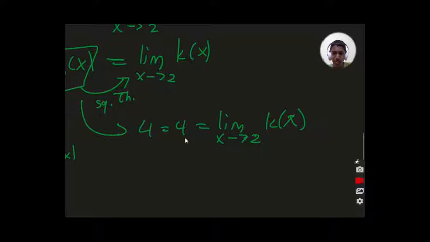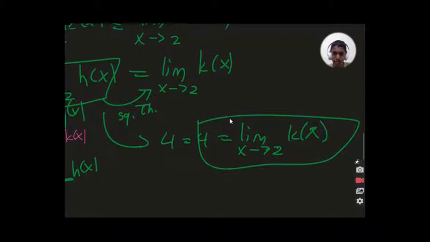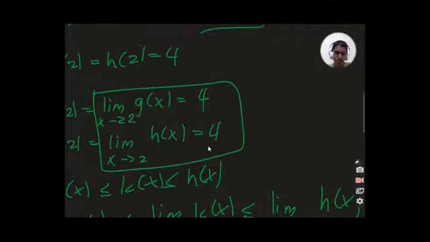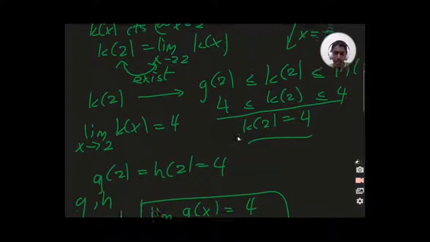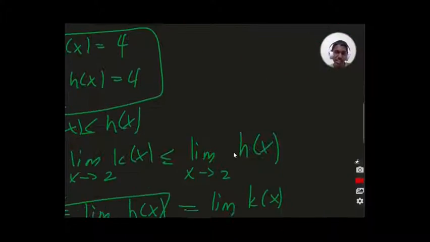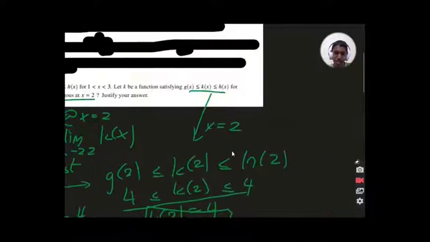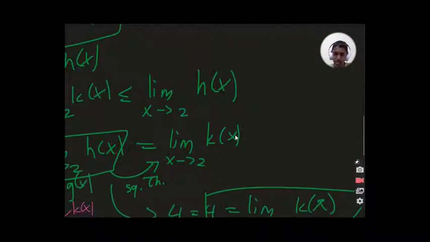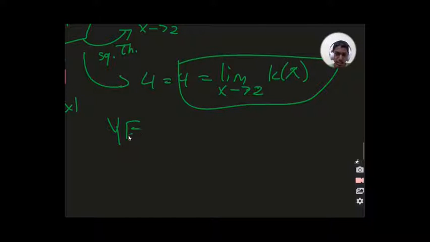So, great. We know that the limit as x approaches 2 of k of x equals 4. We know that k of 2 is 4, and 4 does indeed exist. So that means that, yes, k is continuous at x equals 2.